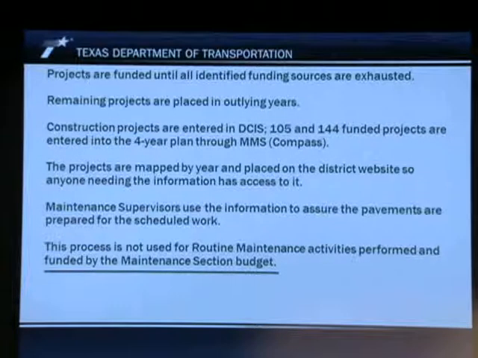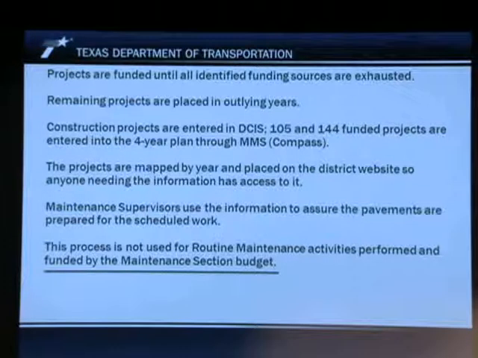And then in the next iteration of this process, when the district maintenance administrator sends the spreadsheet back out to the area engineer for the next round, the projects that were not funded are on there again, so that the area engineer will know they're out there and not funded.